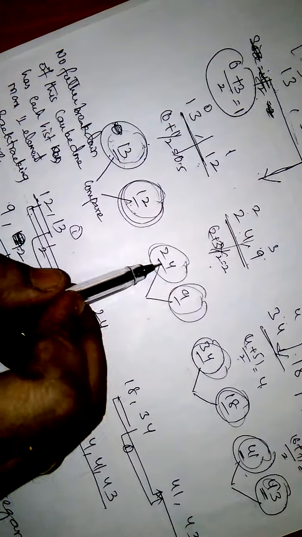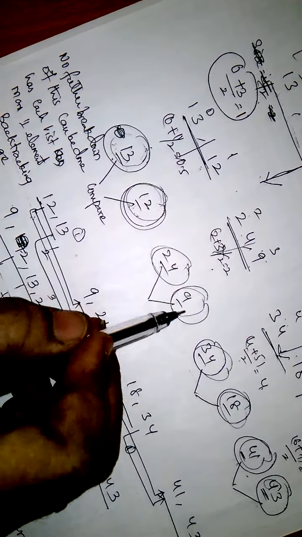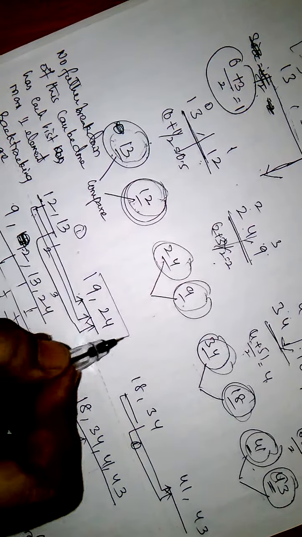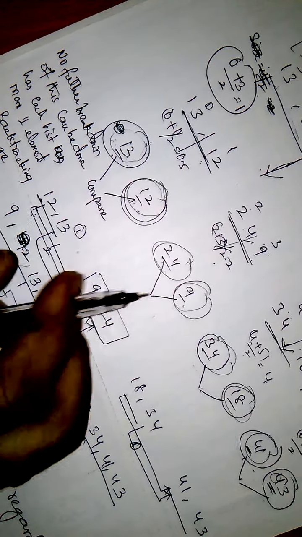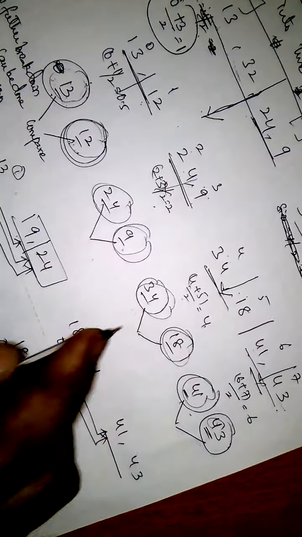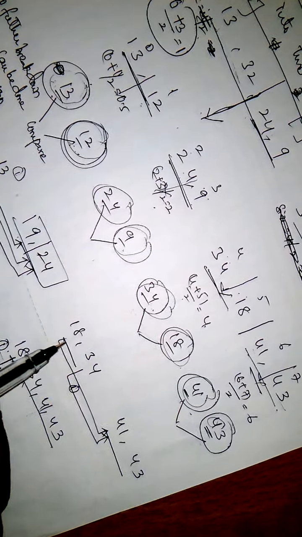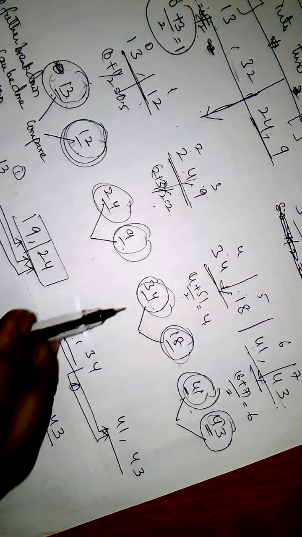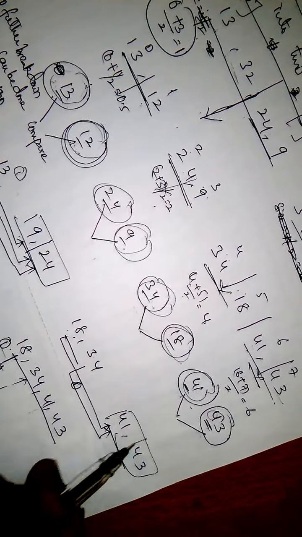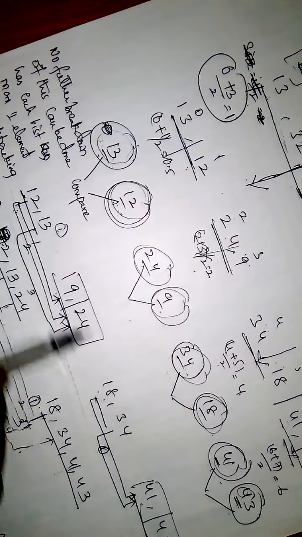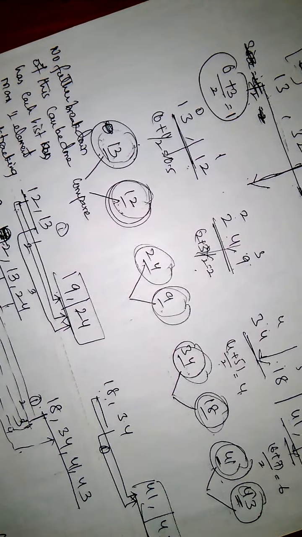Next compare 24 and 9, which is smaller? 9. Put it in the list. This is also a sublist. Next 24. Next you compare adjacent elements. 18 is smaller, put it here in the list. Next 34. In the same way 41 and 43 are already in order, so we put them the same in the subarray. Now again we get 4 sublists, n by 2 sublists.